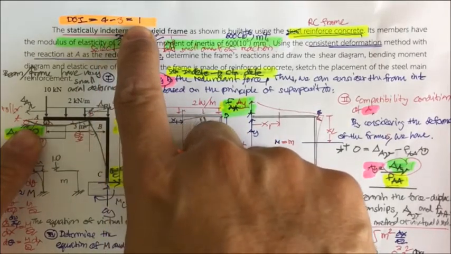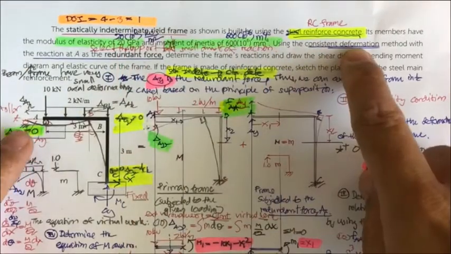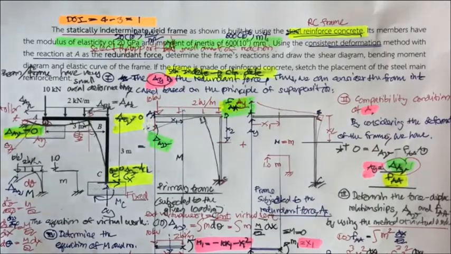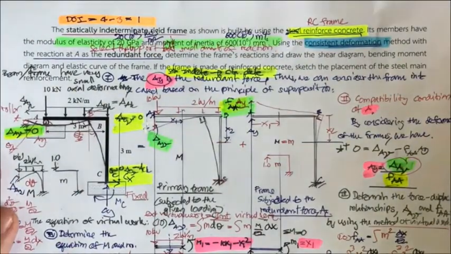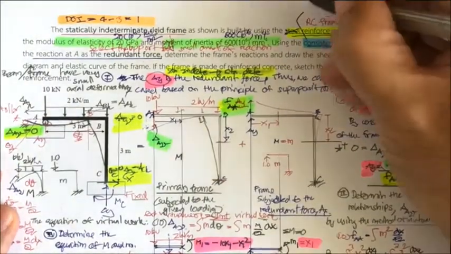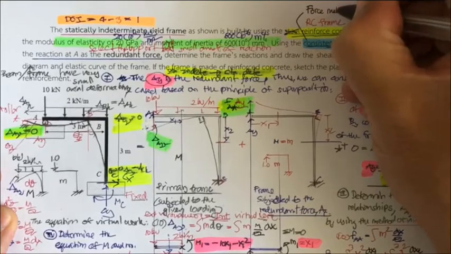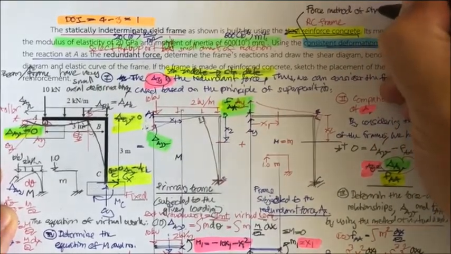So we have 1 degree of indeterminacy. And since we have the consistent deformation method, which is a kind of so-called force method, the force method of structural analysis.